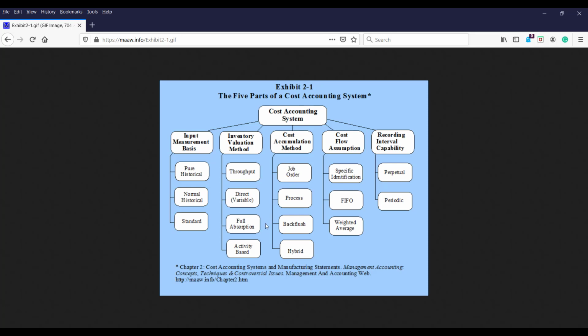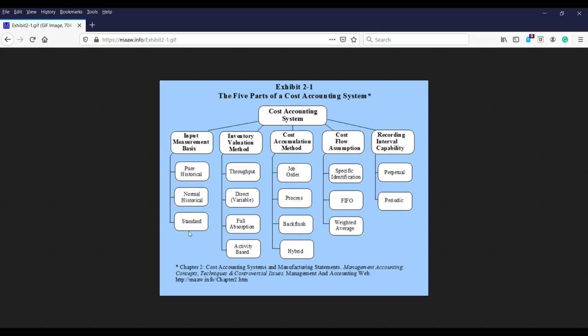It makes the most sense. It theoretically could match with process costing, a backflush system. That wouldn't make any sense, or a hybrid system. They go in opposite directions. Activity-based costing is a complexifying of your costing to become more accurate. Backflush is a simplifying of your system to be more efficient. So you would never combine those two.